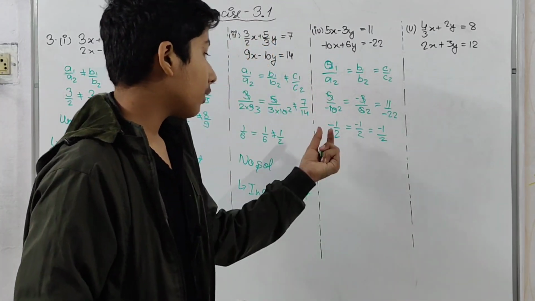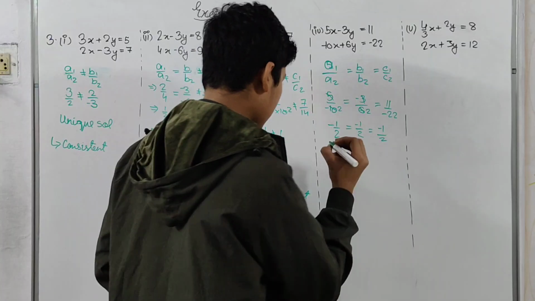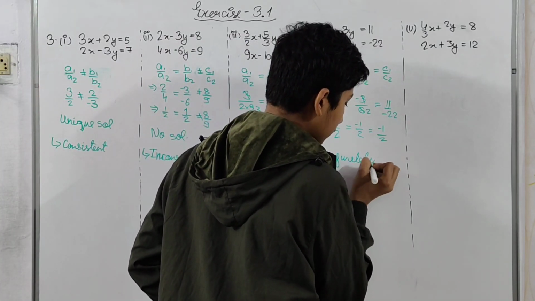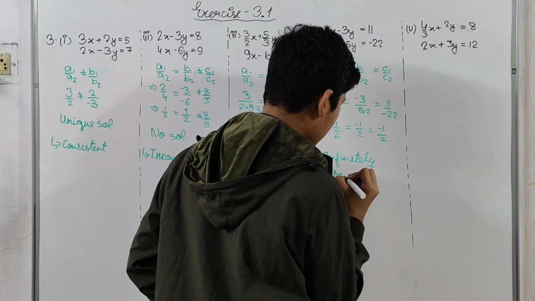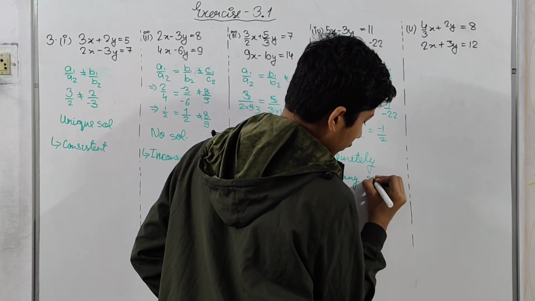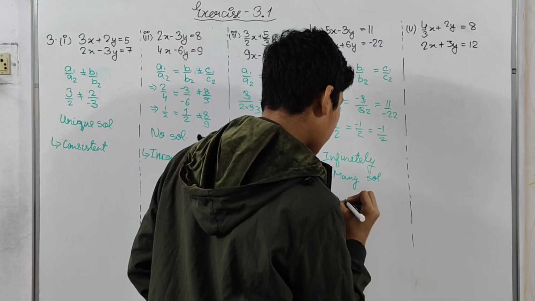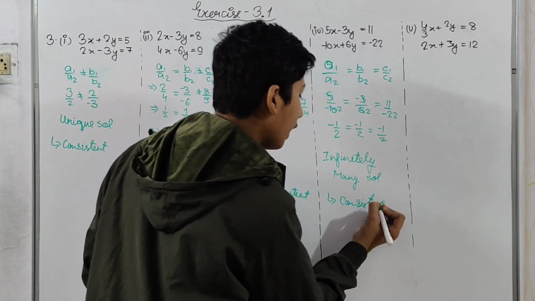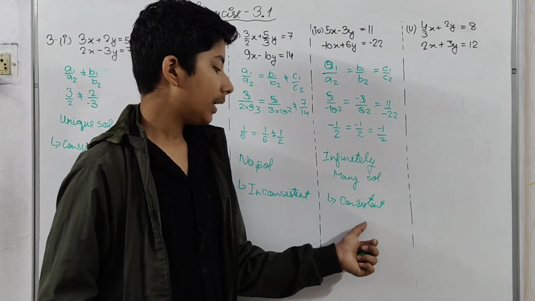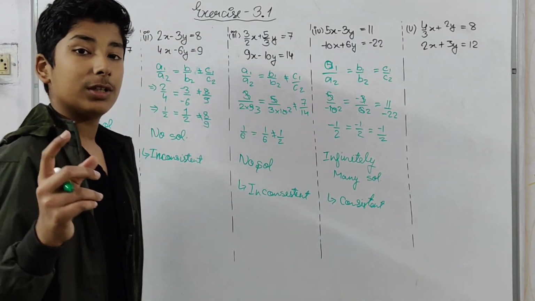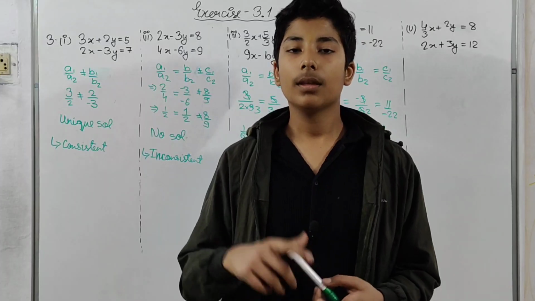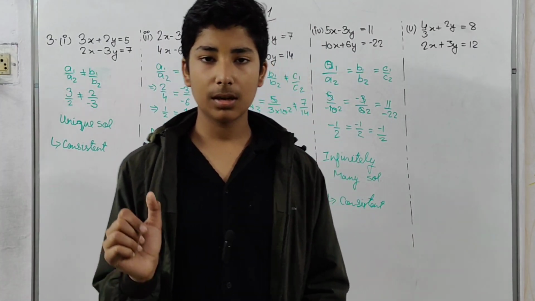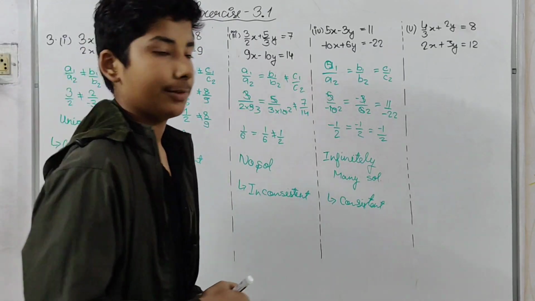So if you see this, all the ratios are equal, means it is infinitely many solutions, which is consistent. Okay, I hope you understand this one also. Consistent means there are two cases, unique solution and infinitely many solutions, but one is inconsistent, that is no solution.